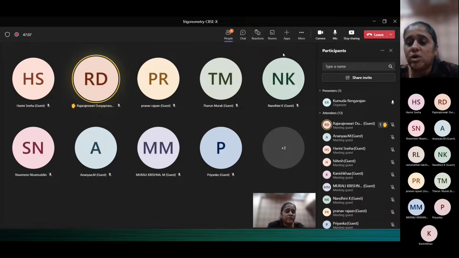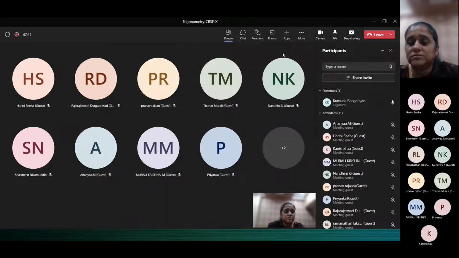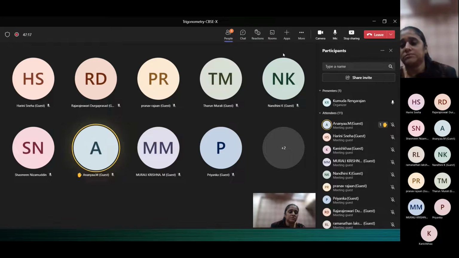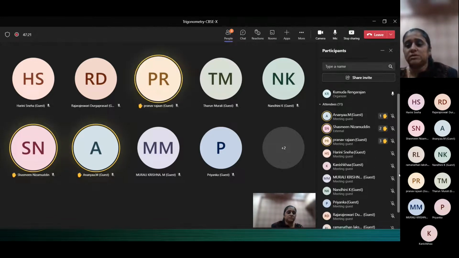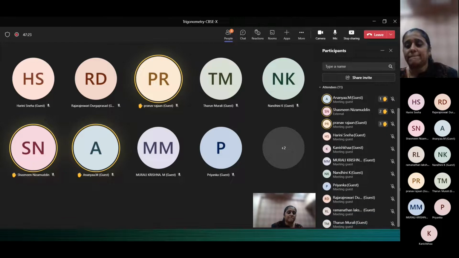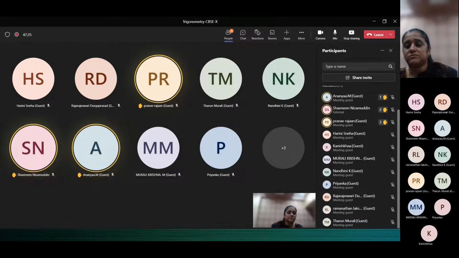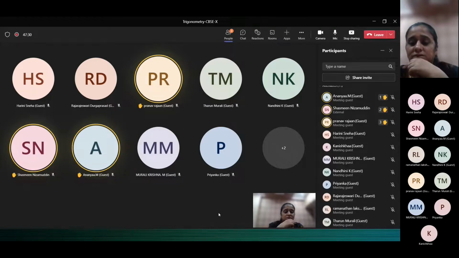How many of you have not yet attempted any test? Raise your hand. Ananya, Kashmeen, Pranav. Priyanka, you've done, is it? Yes, ma'am.